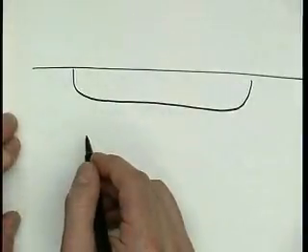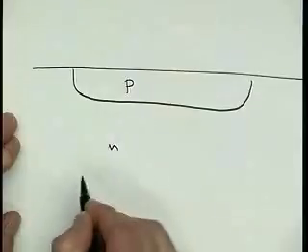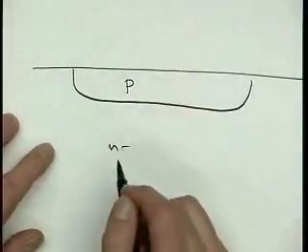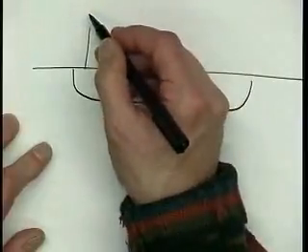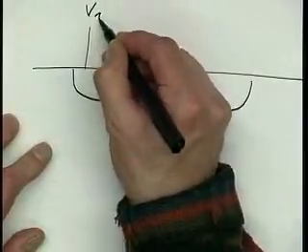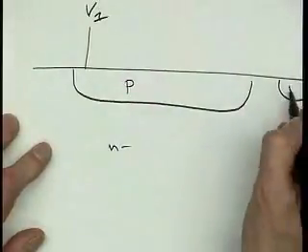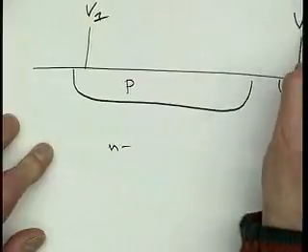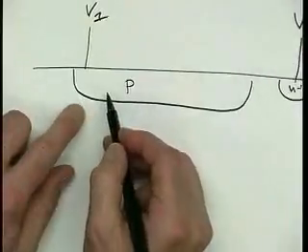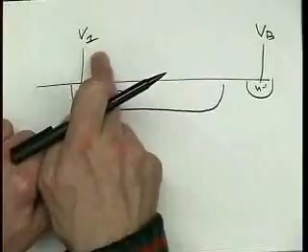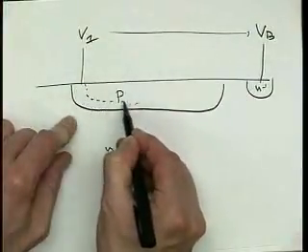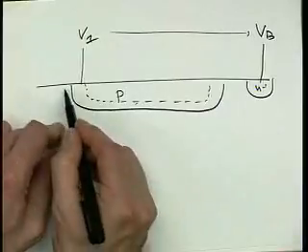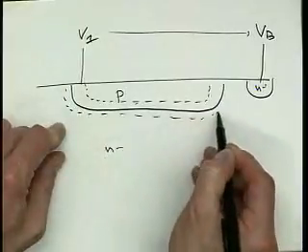So in our case, this is P and this is N. If we use it as a resistor, we put here, let's say, V1, and then here we have VB. Then basically the voltage in between here is going to be V1 minus VB, right? Well, that modulates this junction. It modulates the depletion region, right? Okay.